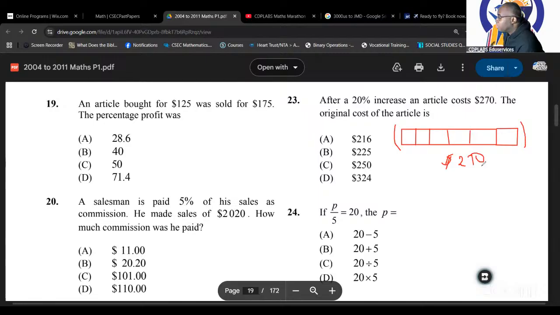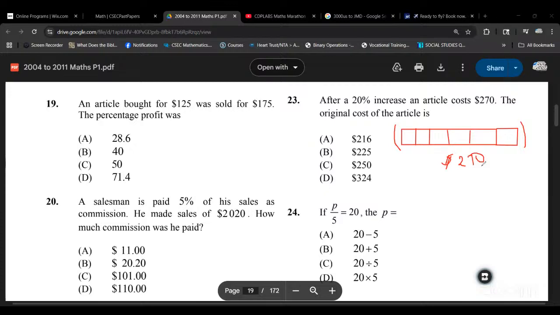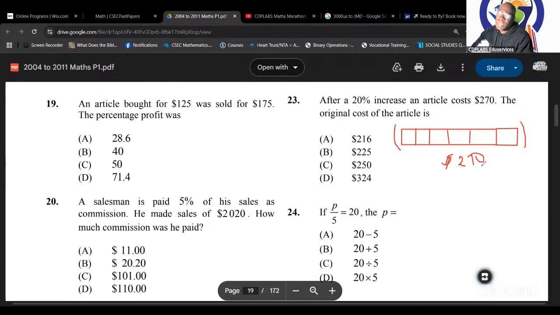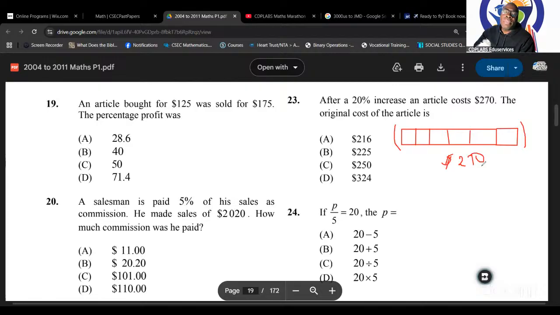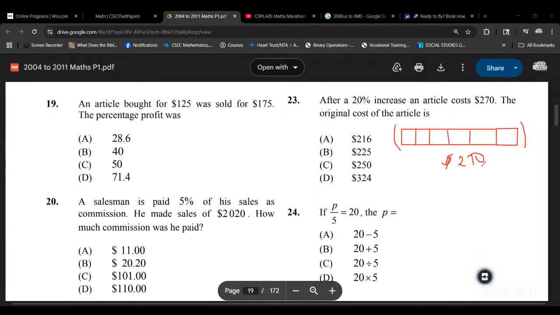Divide the 270 by 6 and tell me how much you get. 270 divided by 6. 45.